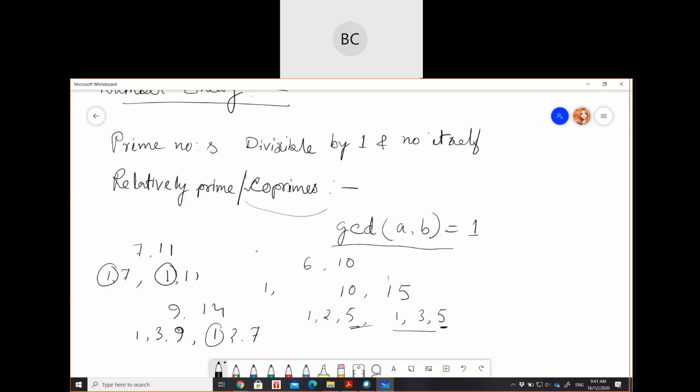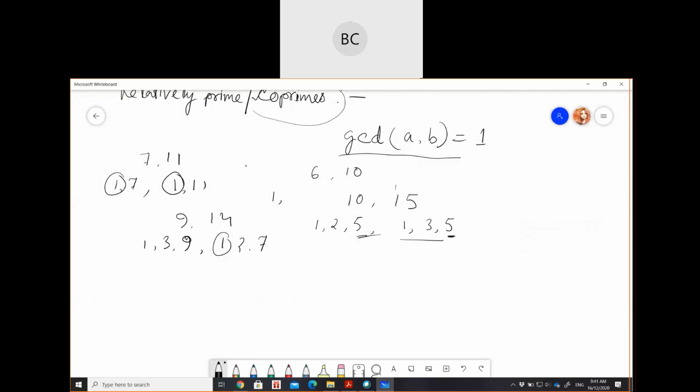This concept of co-primes we have also used in the RSA algorithm. You remember the steps where we find the co-primes. First, we select two primes. One condition: if both numbers are prime, like 7 and 11, then obviously those numbers will be co-primes.